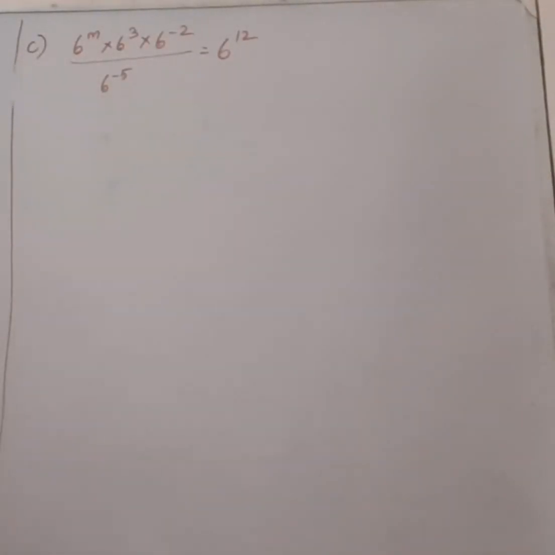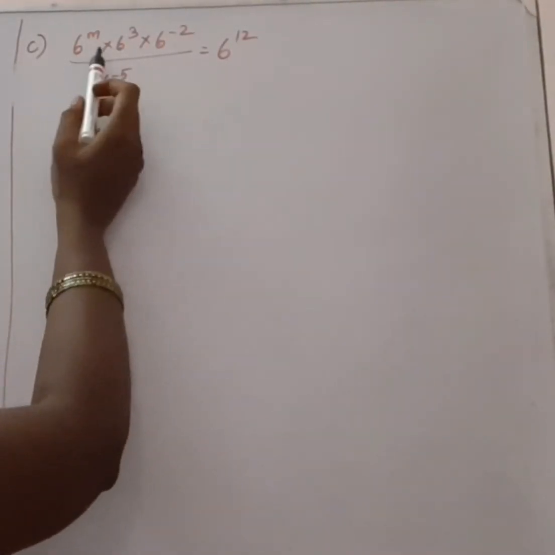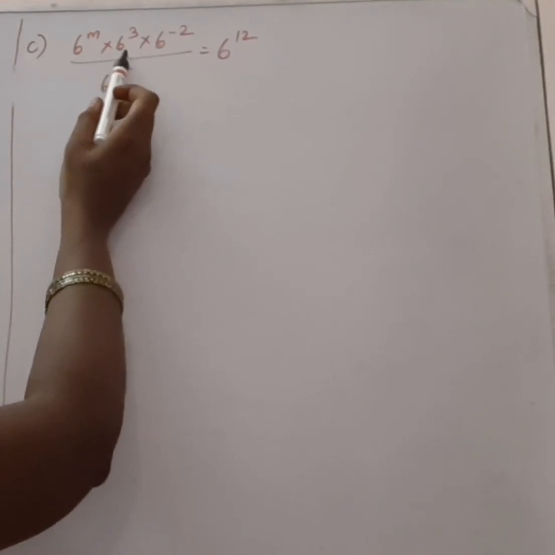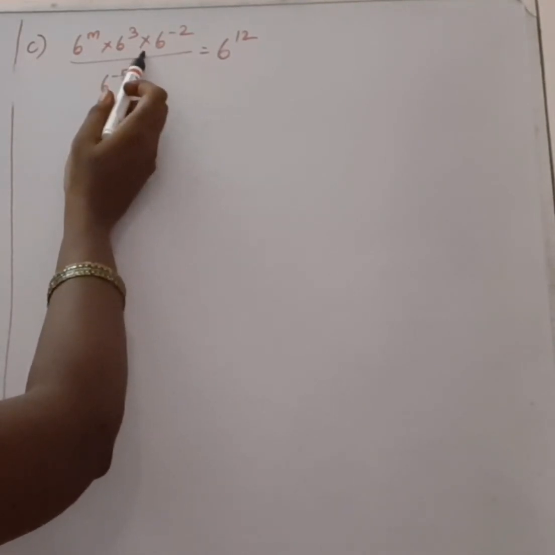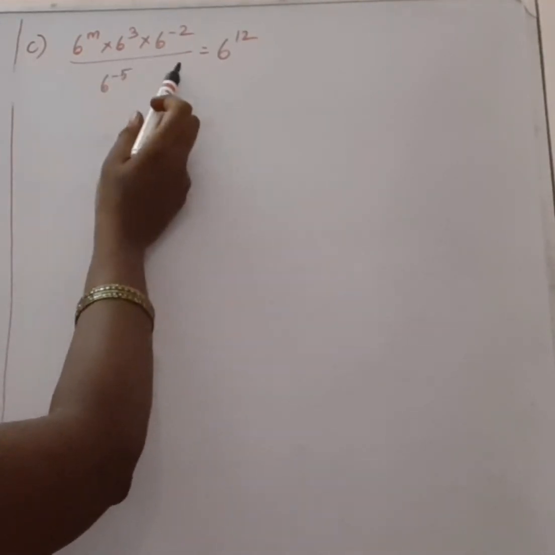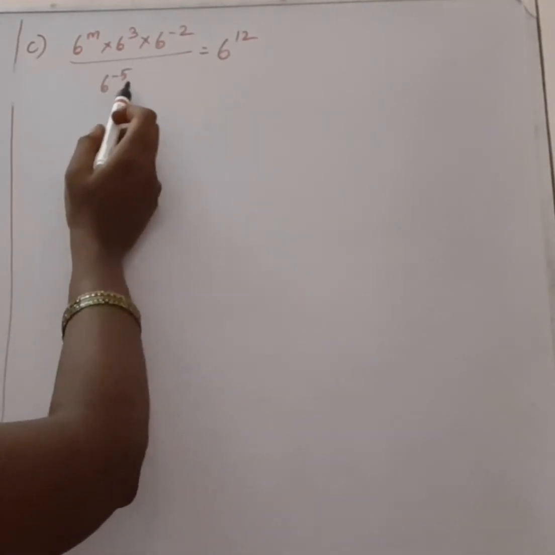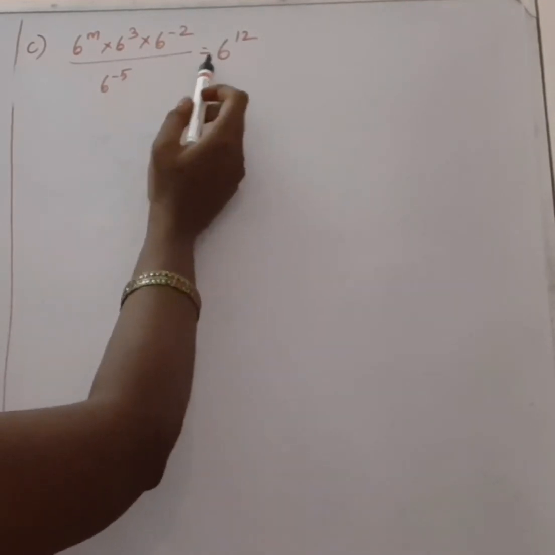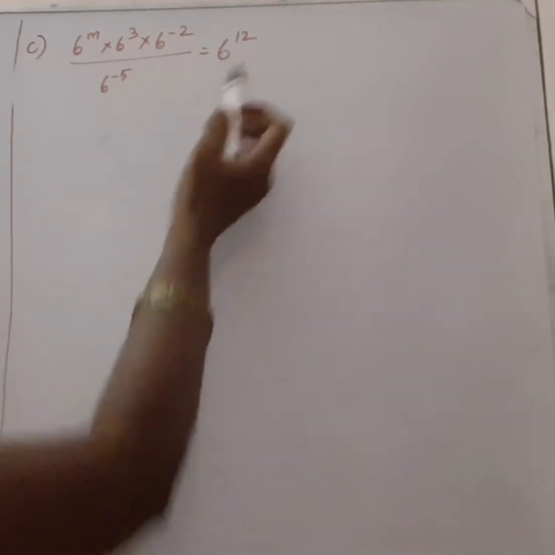Let us see the C sum. 6 power m into 6 power 3 into 6 power minus 2 divided by 6 power minus 5 equal to 6 power 12.